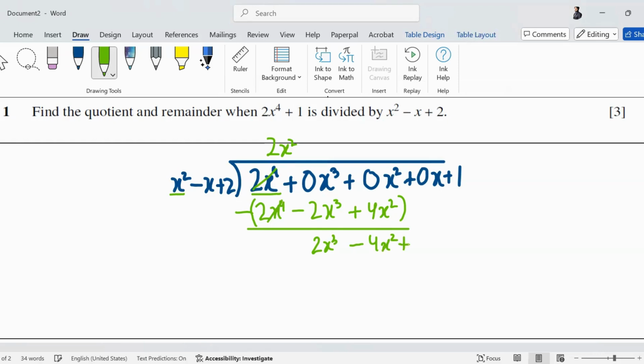If you want, you can write a plus 0x. Again, I'll multiply it with plus 2x, focusing on the highest powers only. So this will become 2x cubed minus 2x squared plus 4x.